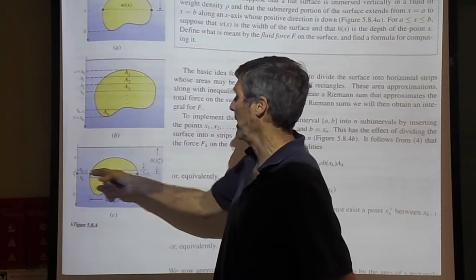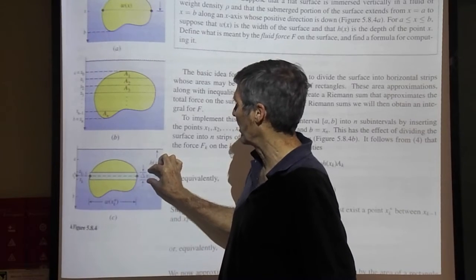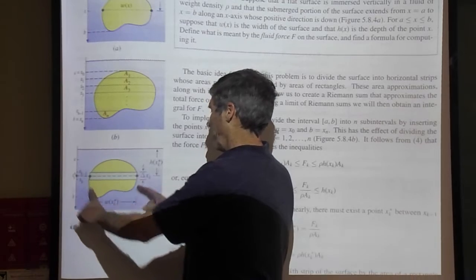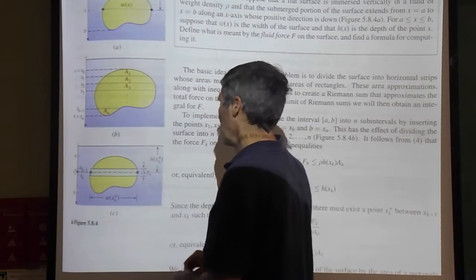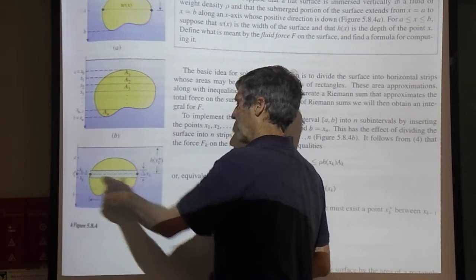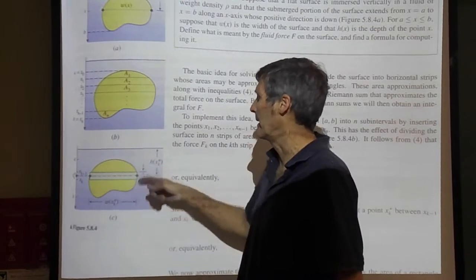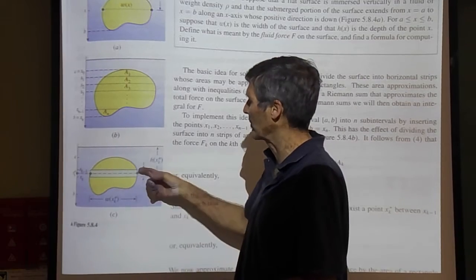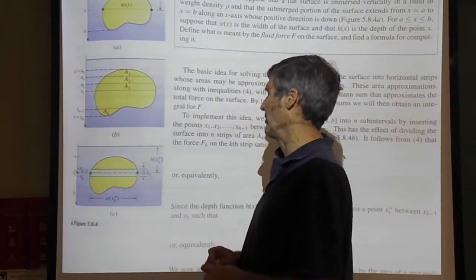And so if at the kth interval, x_{k-1} to x_k, we have a length of delta x_k and a width of w(x_k*) at some intermediate point x_k*, we'll get this approximate area, height times width, and then if we multiply that area in square feet times the pressure in pounds per square foot, we get the force of water pushing at that depth horizontally.